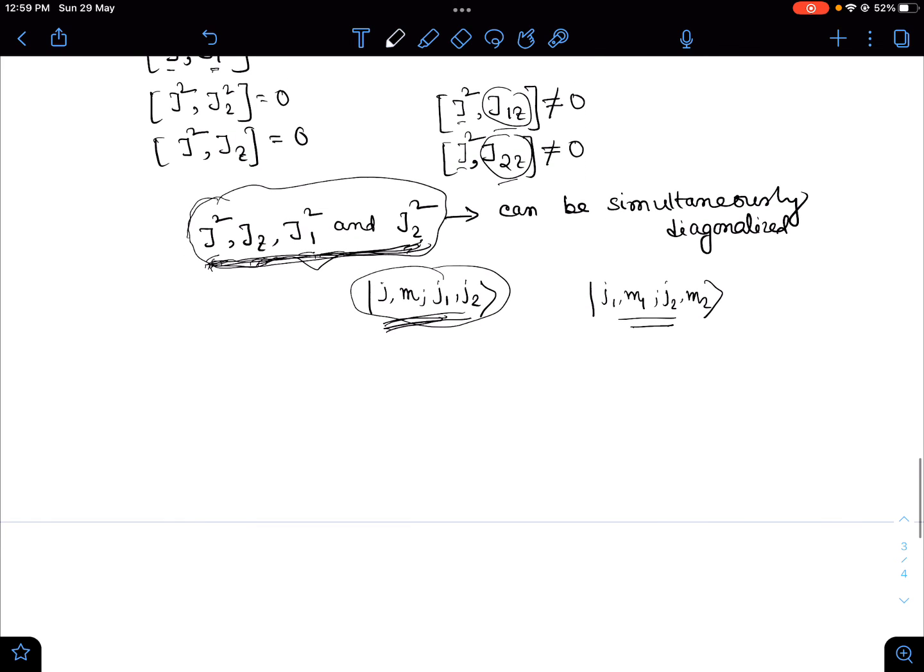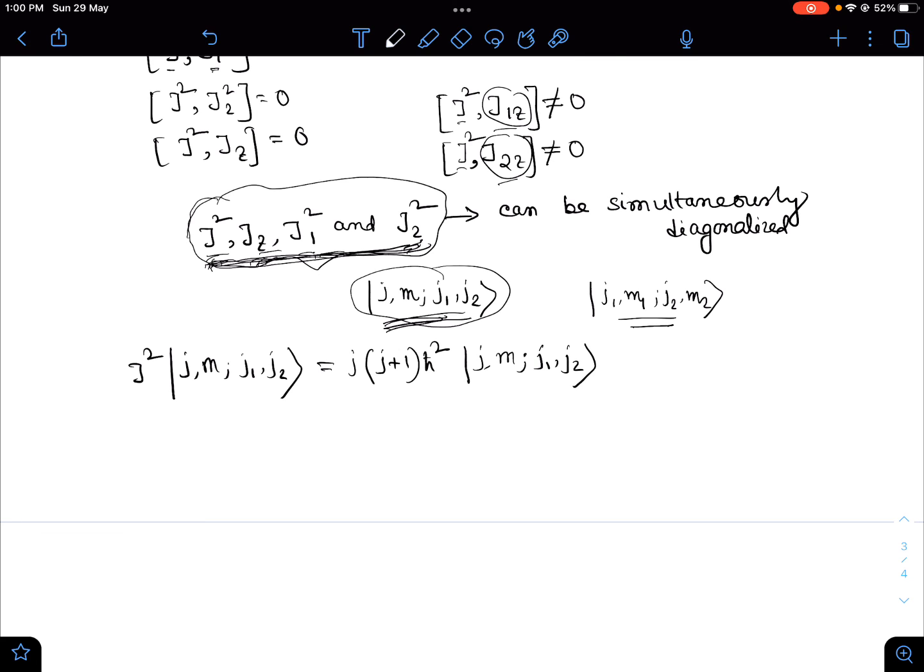So let us first write the eigenvalues of these operators. If J square acts on |J, M, J1, J2>, what will we get? We will get J(J+1)ħ² times the state.